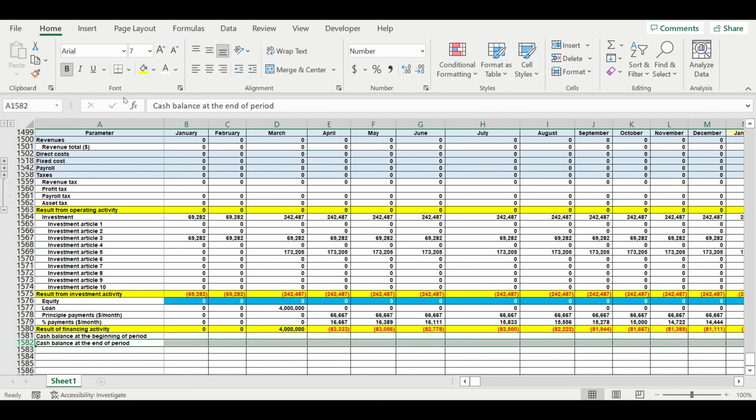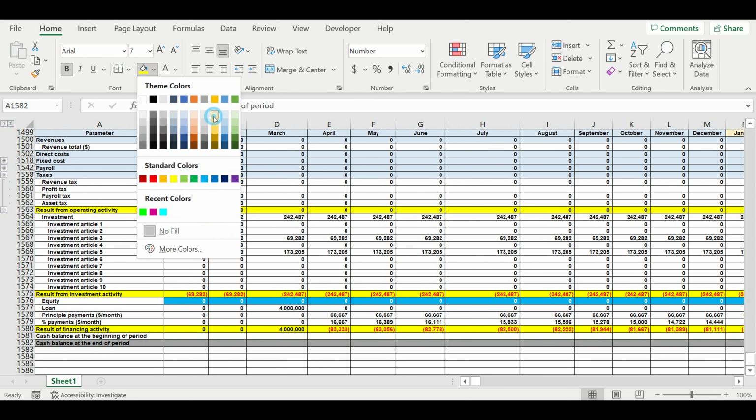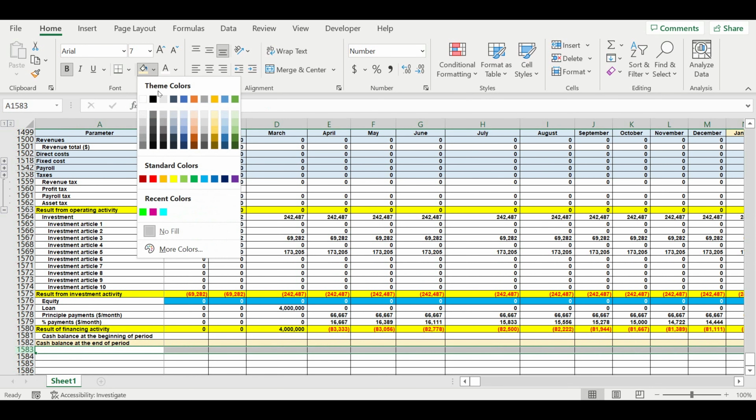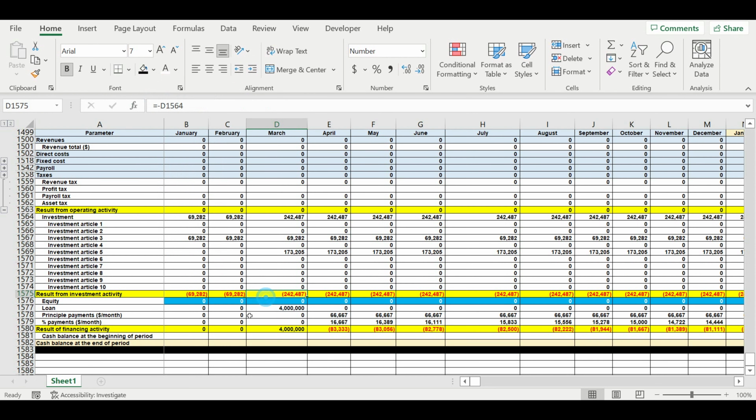So this will be the last line of the cash flow statement. Here cash flow statement will end. So here we'll put just a 0 because this is the first month.